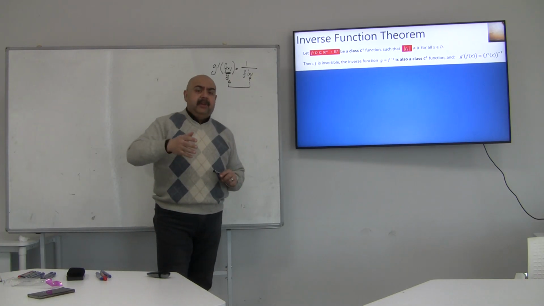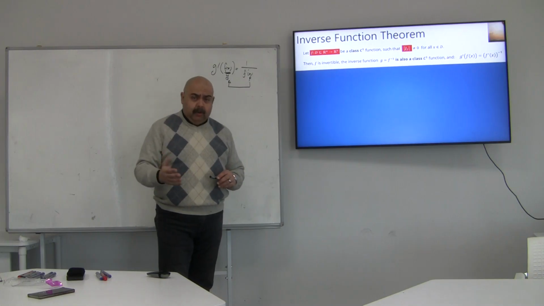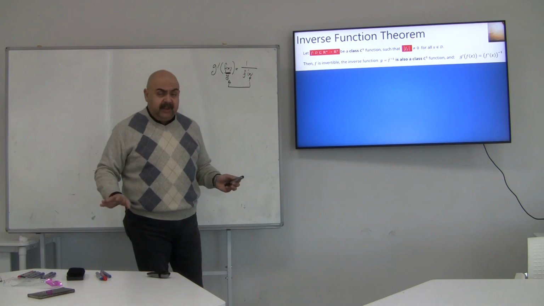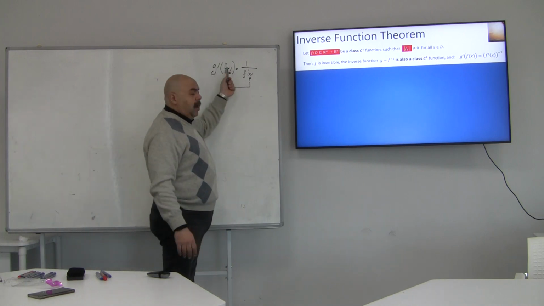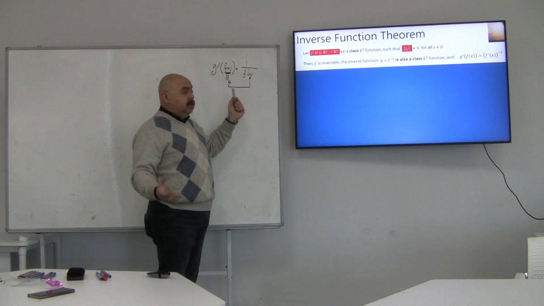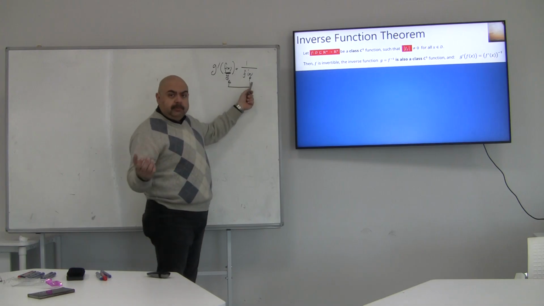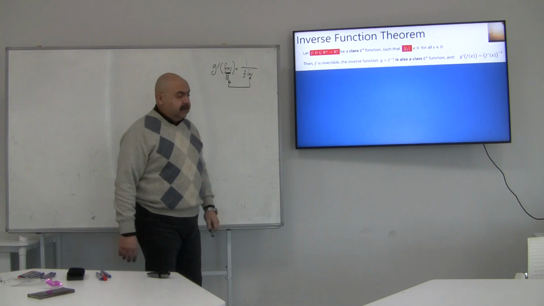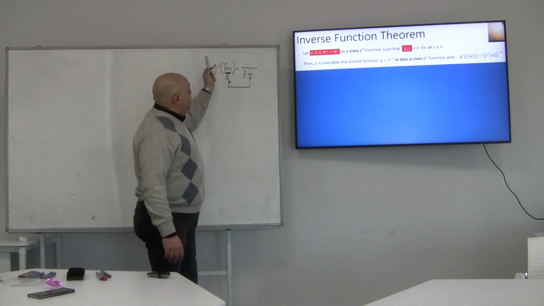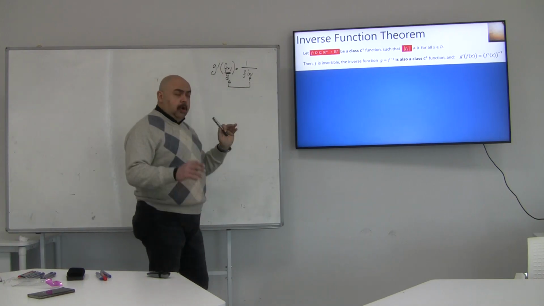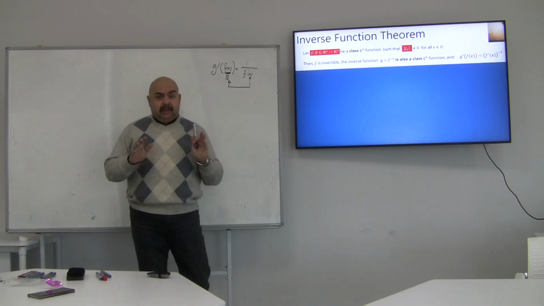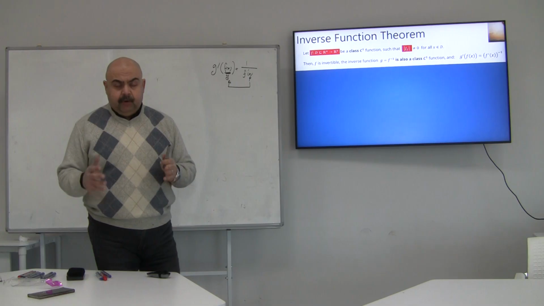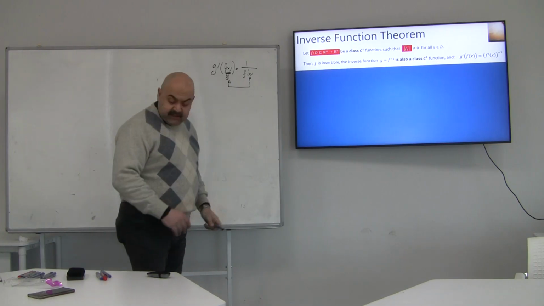Whether you have just one variable, a function in one variable, or a function in several variables, it will be the same. Those are the y values, or the values of the function, and those are the corresponding input values, but with the derivative f dash x. This interpretation of the theory shows that the derivative of the main function shouldn't equal 0 in order to get the inversion, as I told you.